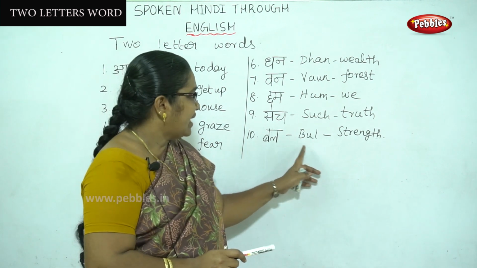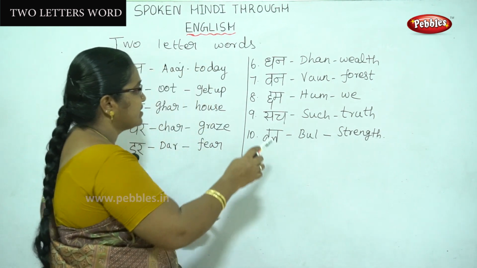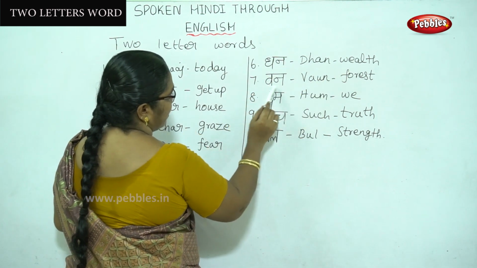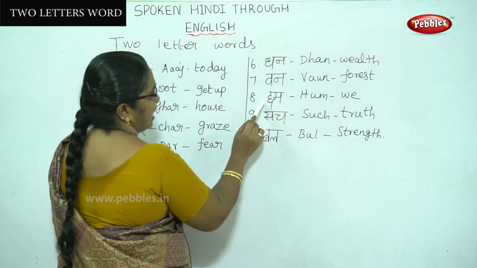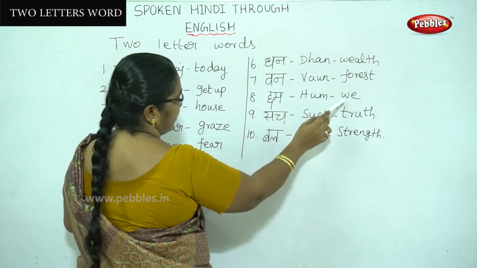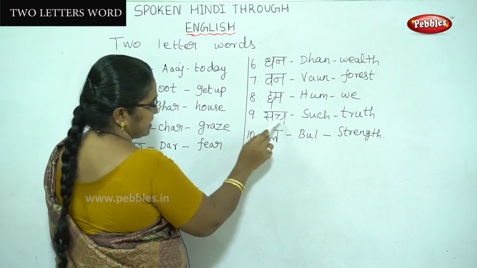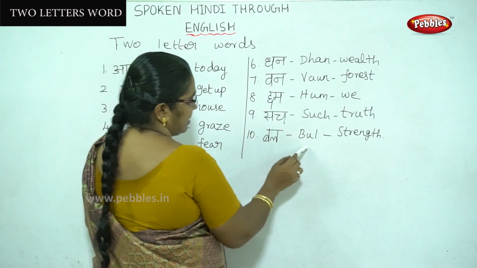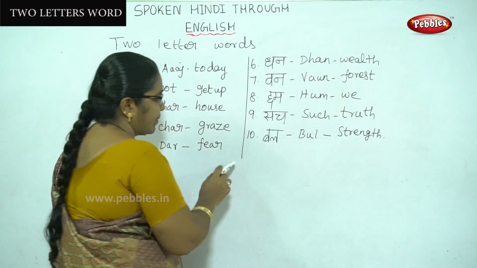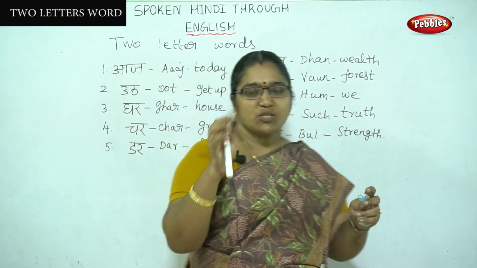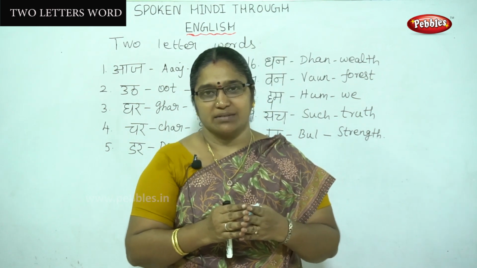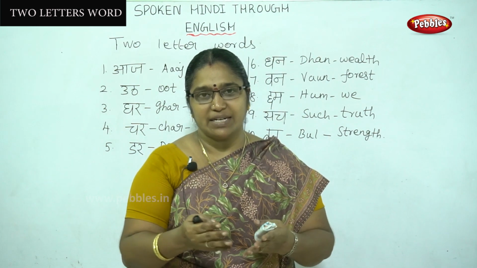Okay, ba-la, bal, strength. Here see, dana, then wealth. Vana, one, forest. Hama, hum, we. Such, truth. Bala, bal, that means strength. Okay, we can spell these two-letter words like this. We can combine the letters and spell them.